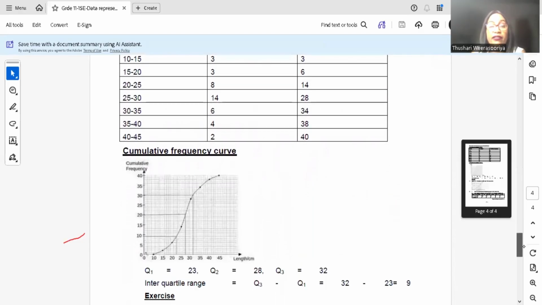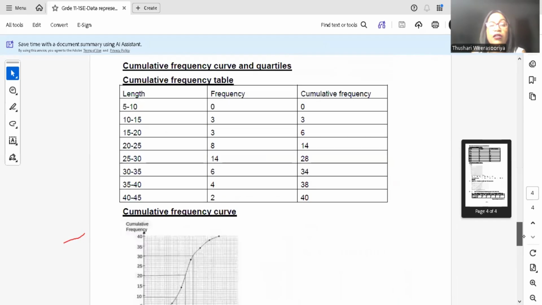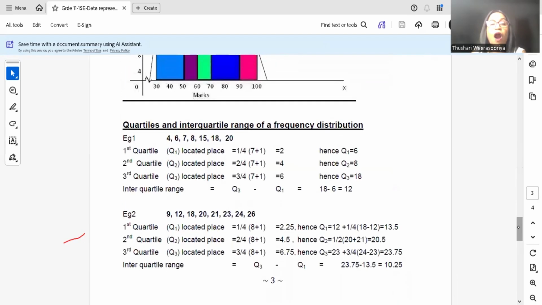Right. Quartiles. Quartiles and interquartile range. Right? Now look at this. Now we'll assume the data as a stripe. Right? We divide that stripe into two equal parts. This is called Q2.